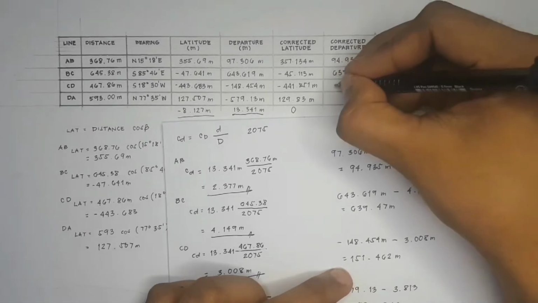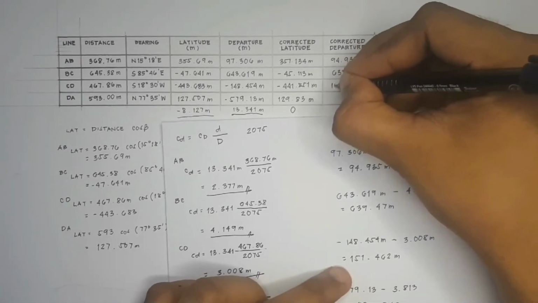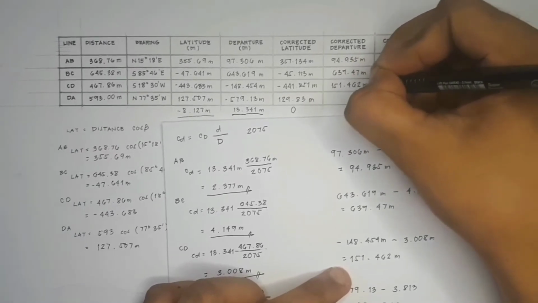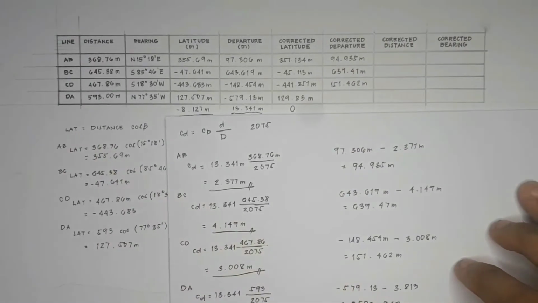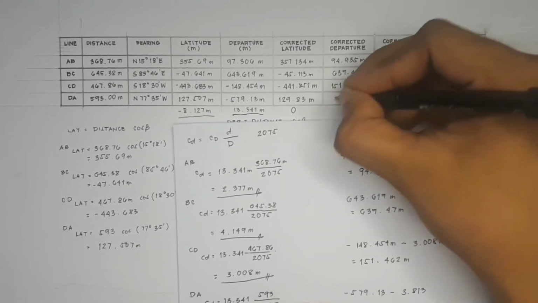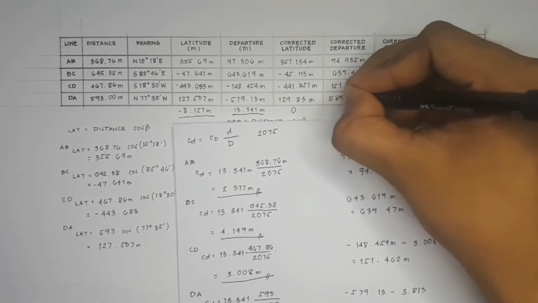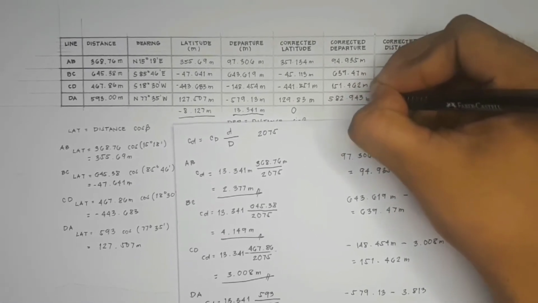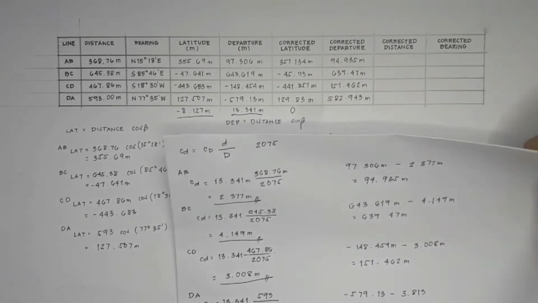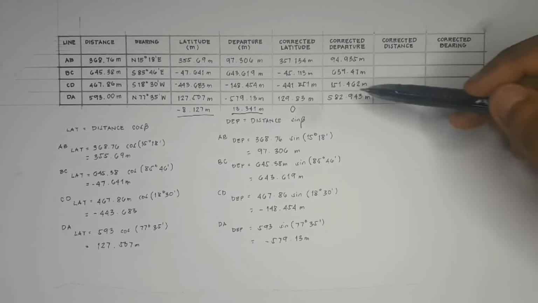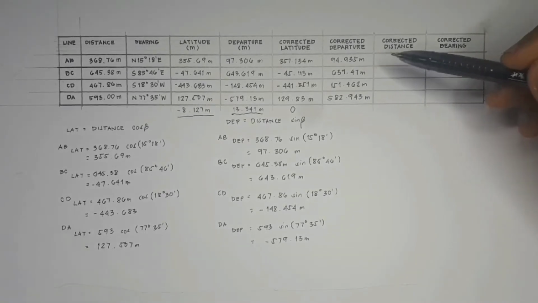Its corrected departure is 151.462 meters, and our line DA has the corrected departure of 582.943 meters. These are the corrected departures for every line respectively.